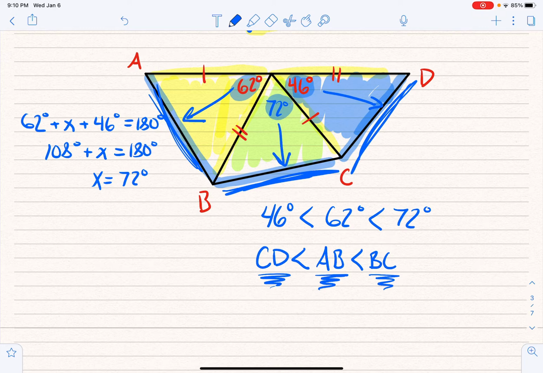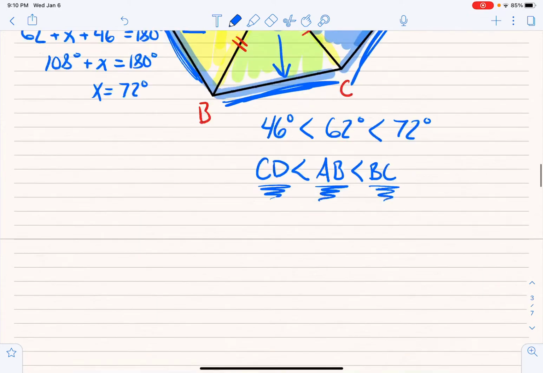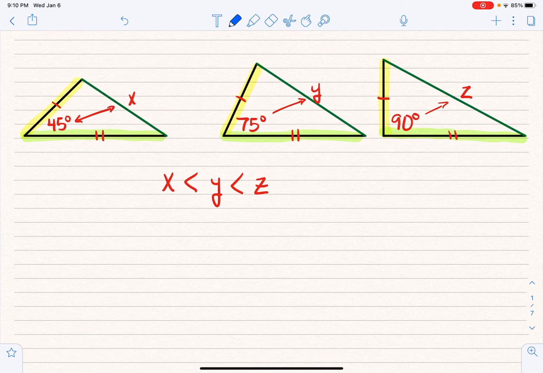Now, just like before, this is true both frontwards and backwards. By that, I mean I'm going to have a similar situation. Look at this picture right here. Here, we've got three triangles. In the very first situation, at the very top, we could see that this angle was getting bigger. We went from 45 degrees to 75 degrees to 90 degrees.